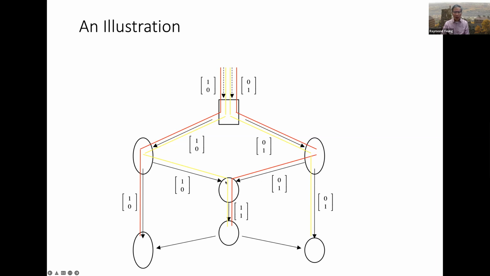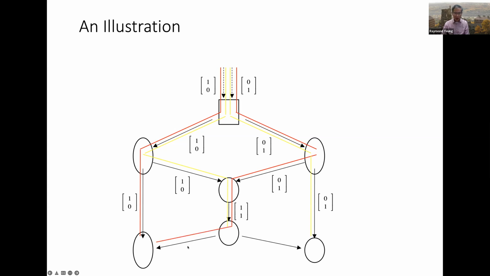And now this edge and this edge form the red flow front, and we check its independence, which is true, where 1, 0 and 1, 1 are independent. And the yellow flow front is this edge together with this edge, and again we check its linear independence. So again, it's linearly independent. So you go on like this.